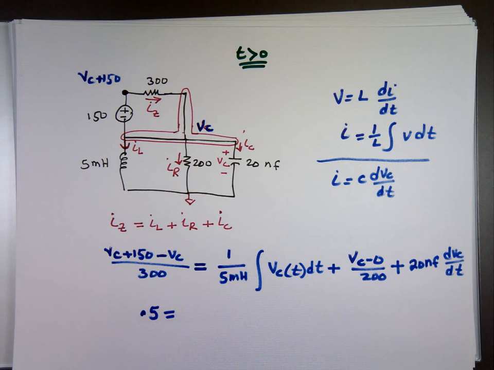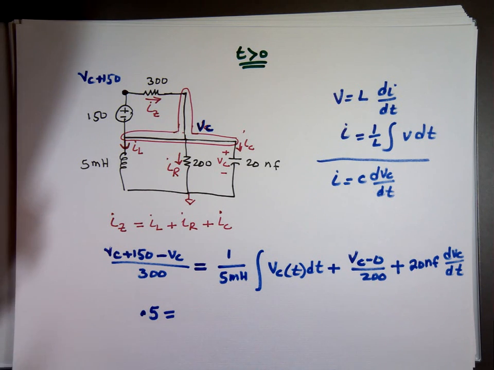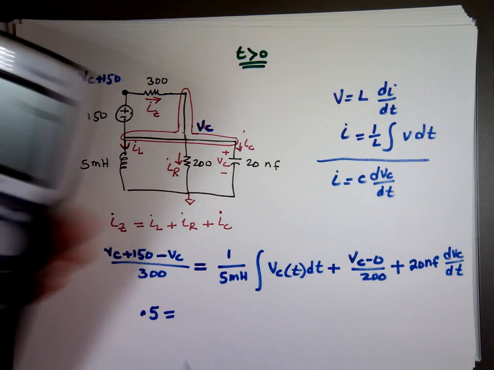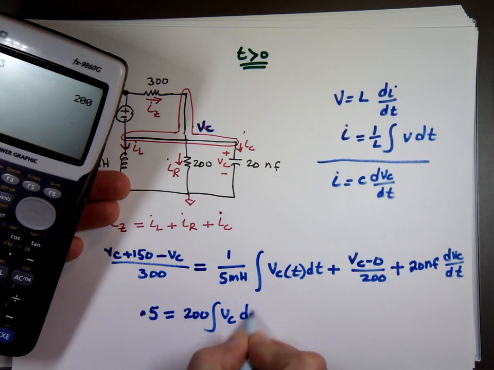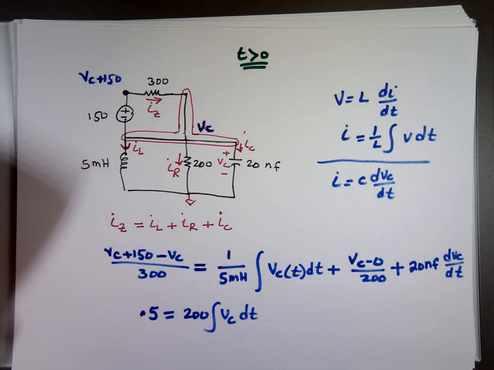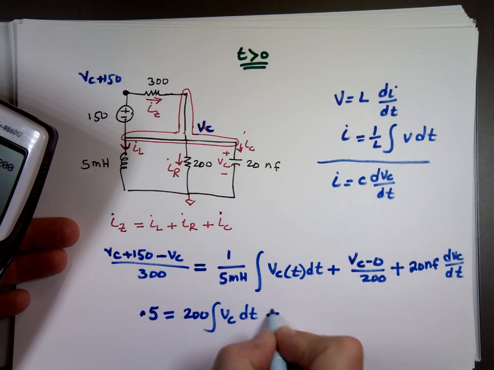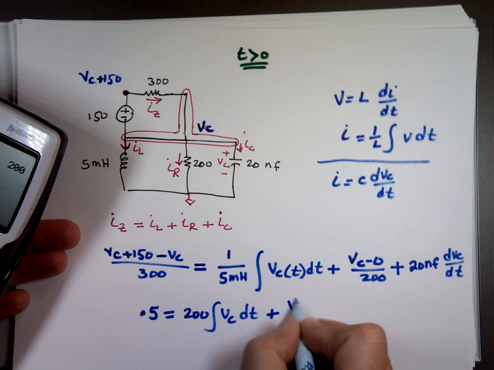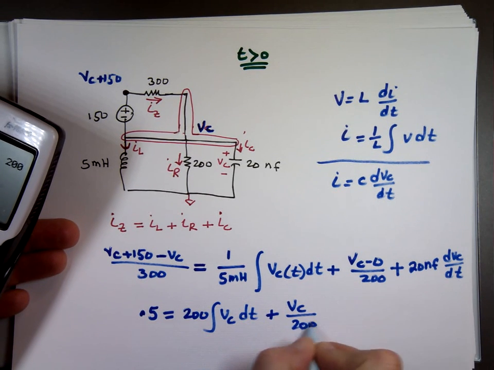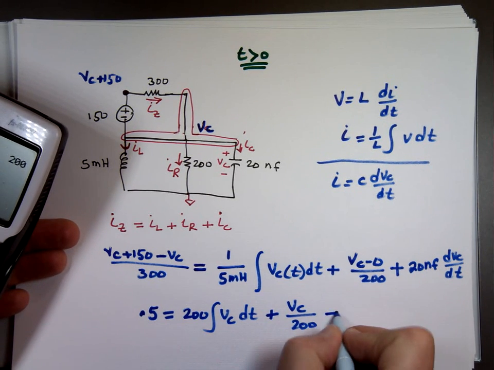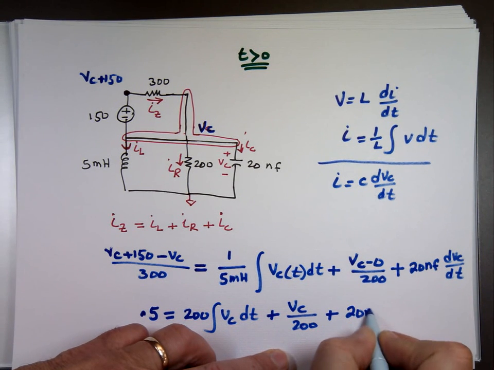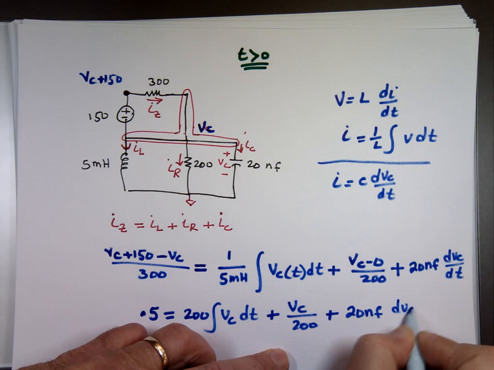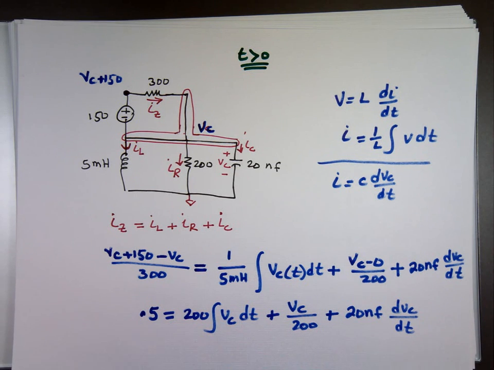Let's see if we can do the math. 1 over 5 times 10 to the minus 3, that's 200, the integral of VC dt. I'm just getting lazy now, I'm not putting the t there. Plus VC over 200, plus 20 nanofarad dVC dt.